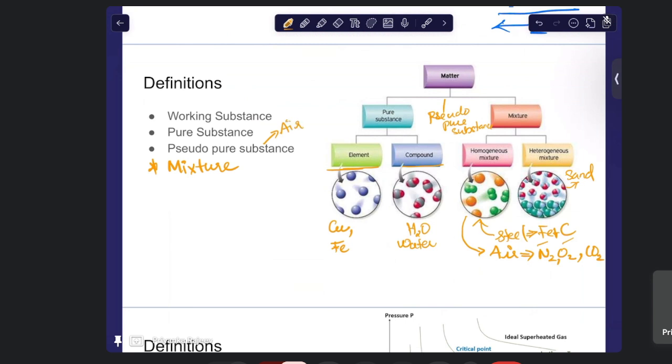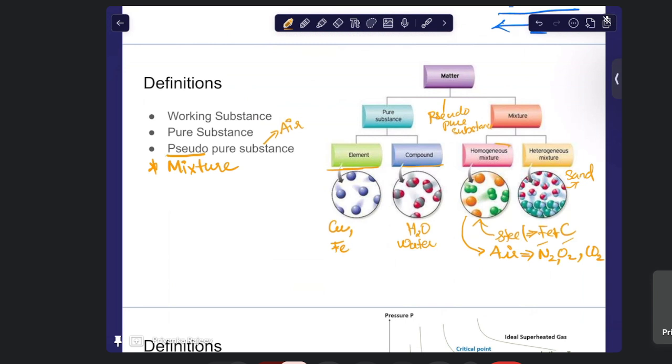In most of our thermodynamics related problems, we are treating it as a pure substance, but in reality it is not. So that is why the pseudo is added. Pseudo means false, right? So pseudo pure substance means it is not a pure substance, but for the sake of calculation we can consider it as a pure substance.